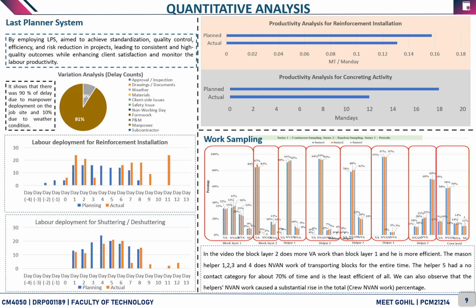The mason helpers 1, 2, 3 and 4 do non-value adding work, and helper 5 has a no contact category of waste for about 90% of time and is the least efficient of all. We can also observe that the helpers having non-value adding but necessary time work caused a sustainable rise in the total crew level percentage.